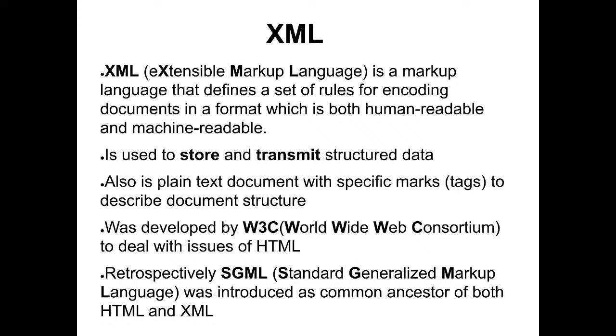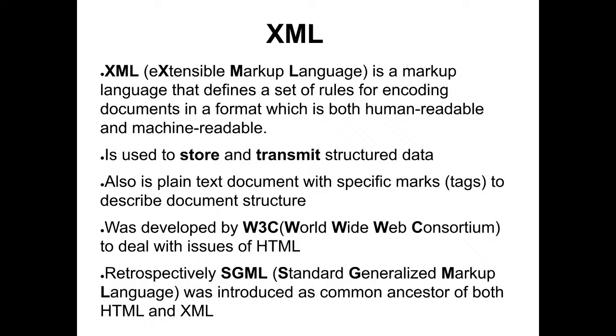Alright, let's move on. XML is a plain text document with specific marks, tags, to describe document structure. And again, the tags are very similar to the ones you just saw in an HTML file. So XML looks very similar, but there are some differences. We'll talk about them a bit later.